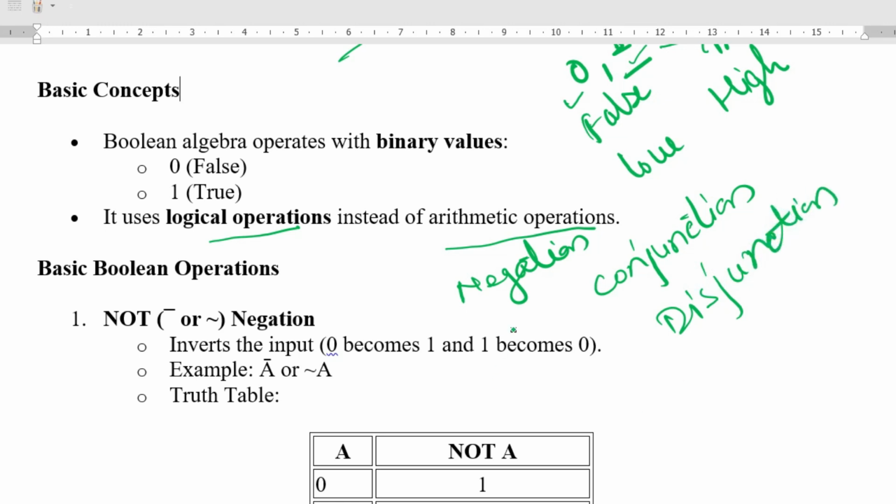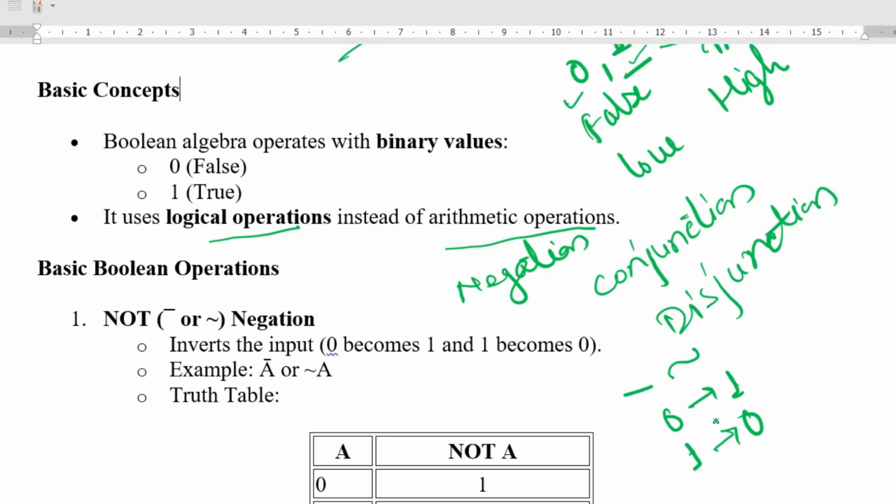Let's first understand the first fundamental operation, that is NOT or negation. We represent it using either a dash or this tilde sign, and it does nothing but invert our input. Means 0 will become 1, and if we perform the NOT operation on 1, it will become 0.